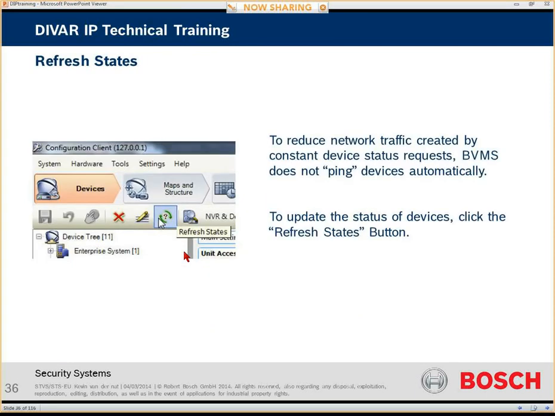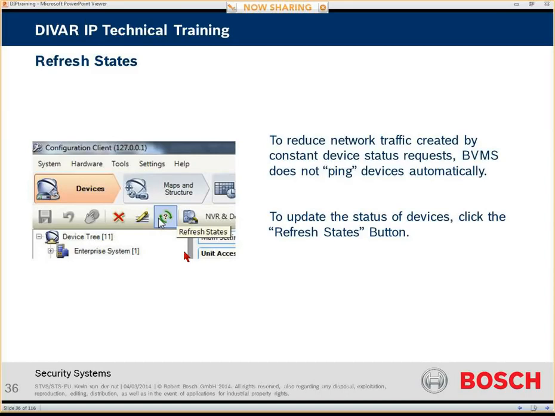Then we have a refresh state button, which is located under the Maps and Structures tab. Basically, this sends a ping request to all the devices connected to my system to verify if their status is set to online or offline. In the past, this was performed automatically on a time basis.